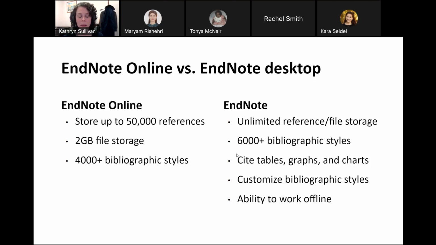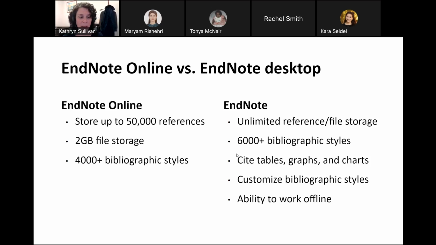And when we have had requests for adding additional ones, we can often reach out to EndNote from our end and get a new style added on. Those styles, however, are not customizable, which has come up from time to time on campus where someone would like to make a change to one of the bibliographic styles. When you have the online only version, we're not able to do that.